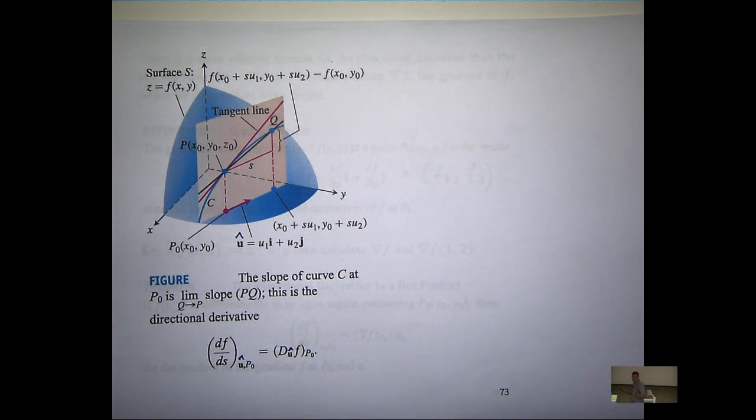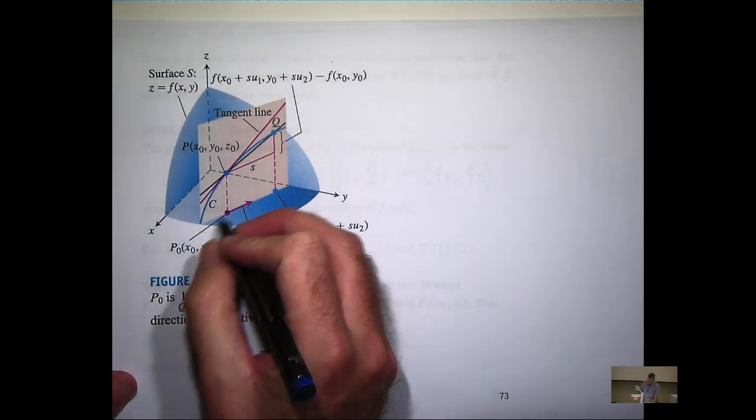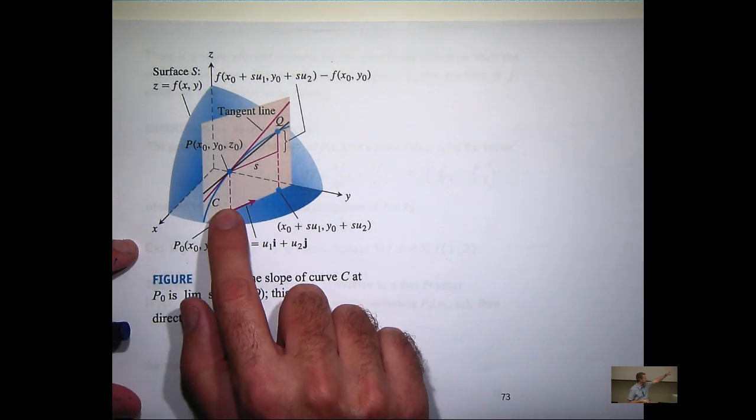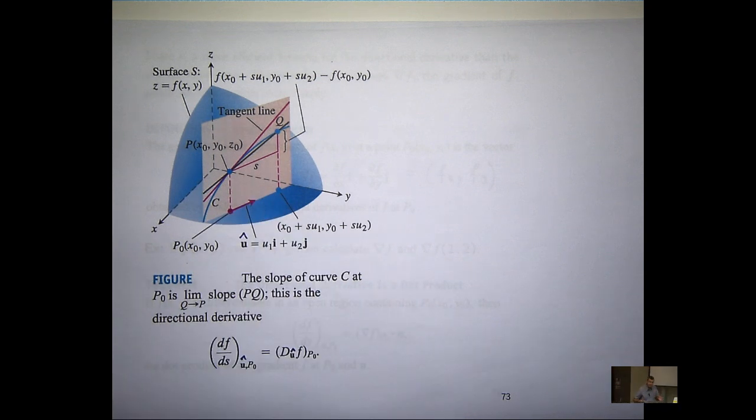All right, the blue is the surface associated with the function f of x, y, a function of two variables. You have got a point of interest in the domain, P0, of your function f. At that point, you can place the tail of this vector, which is a given vector, in the xy plane.